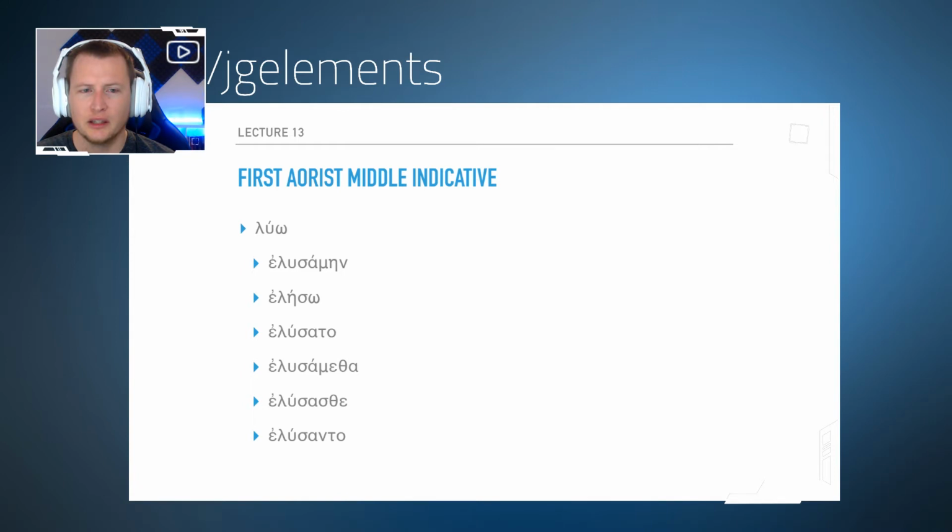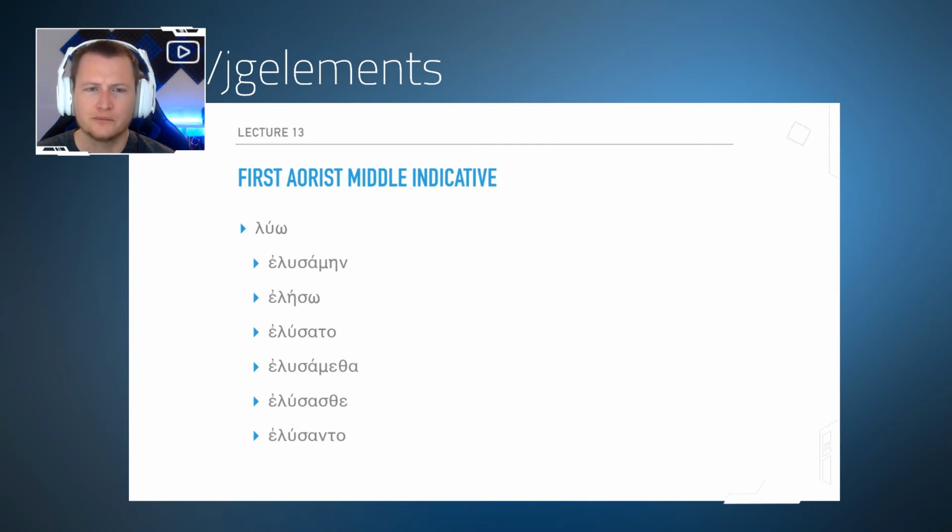You can see the augment, the present tense stem lu, the sigma alpha tense formative, and then mean for the secondary middle passive endings, right? Eluso, elusato, elusametha, elusaste, elusanto. What's up with that omega after the sigma in the second person singular? Remember, it's contract rules, right? So alpha plus omicron is omega.